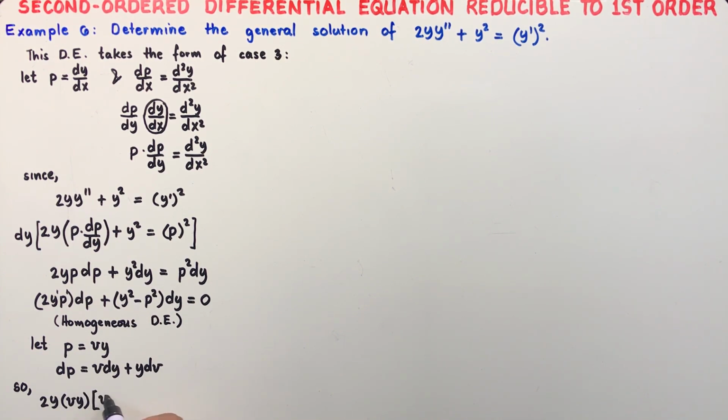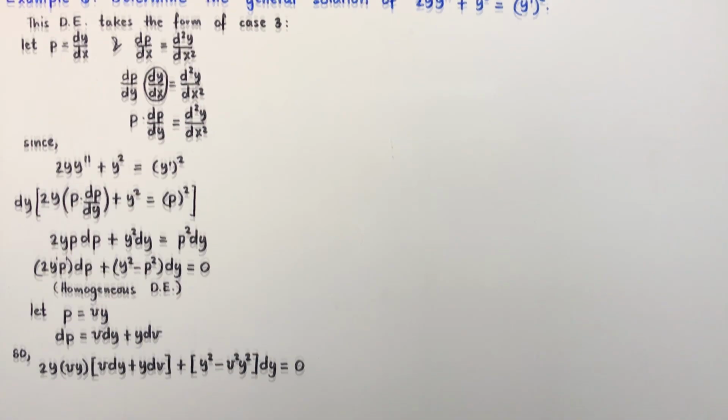dp, which is v dy plus y dv, plus y squared minus p squared, and our p is vy. So when we square, that's v squared y squared, times dy, which is equal to 0.